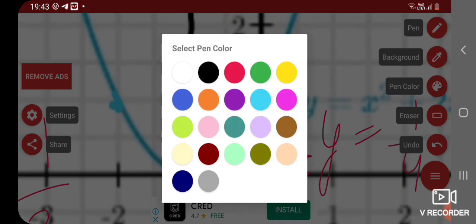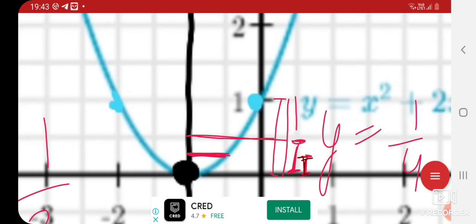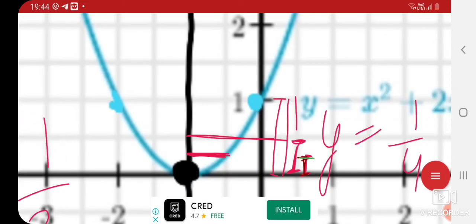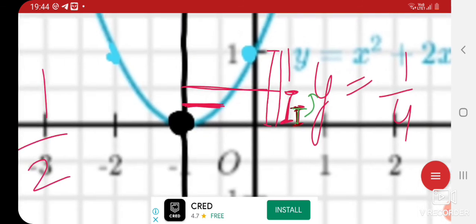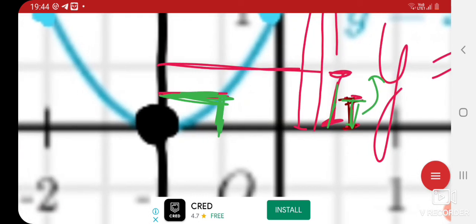So let's draw it with another color. This distance will be equal to y, okay? And this distance, which is the value of x, will be what?